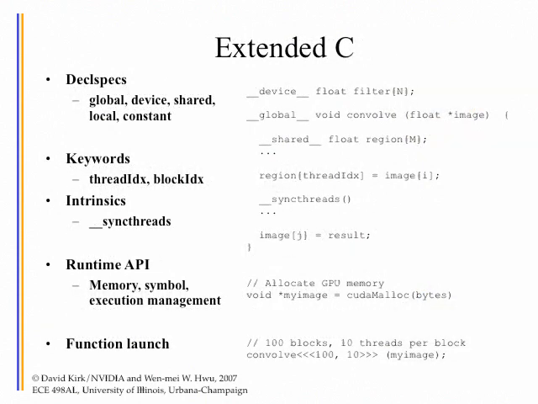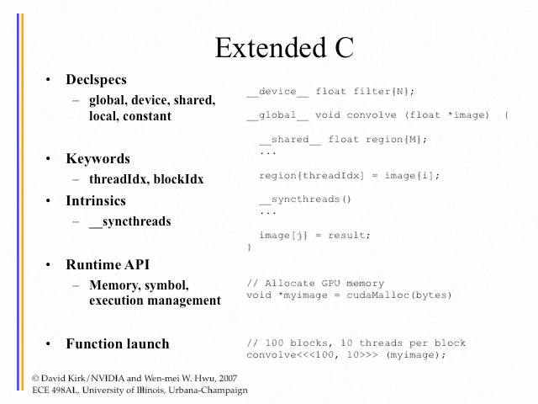CUDA programs are essentially extended C programs. And what are the extensions? The extensions are listed on the left-hand side. The first one is declarations. You will have a few declarations, what we call declspecs, that will mark functions as global, device, shared, or some data structure to be global, device, shared.